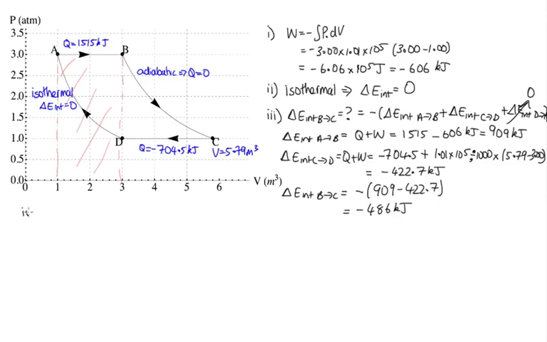The 1131 question then has: write down an equation relating P and V as the system goes from B to C. So B to C is adiabatic, so we know that PV to the gamma is equal to a constant. And we're asked to calculate as many of these constants as possible.